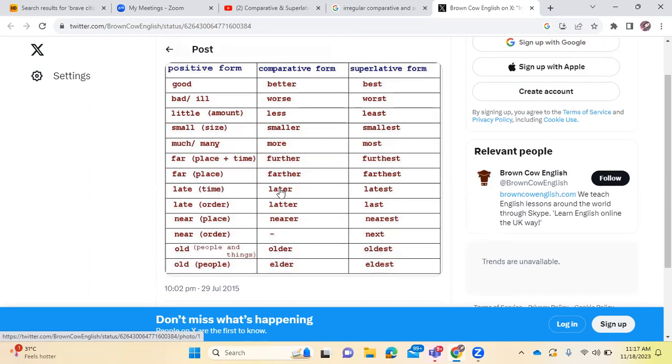Later, he came later. He was the latest, right? And if we are talking about the order, it is latter and the last. Near, nearer, nearest. Old, older, oldest. If we are referring to people, old, elder, eldest.